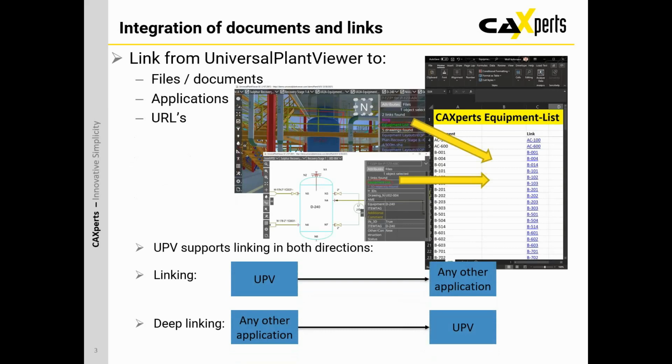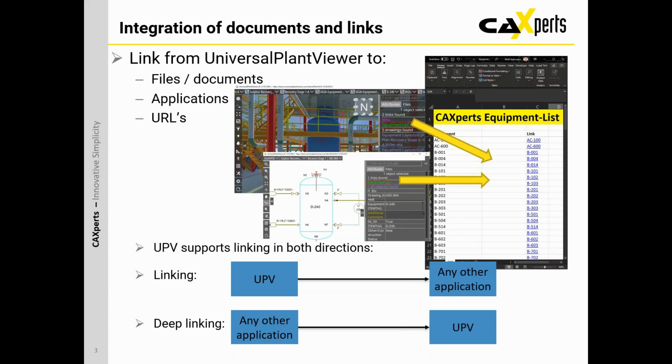Coming to the first point, integration of documents and links. One of the great advantages of UPV is certainly the simple and powerful way in which this application can communicate and connect with other data sources.